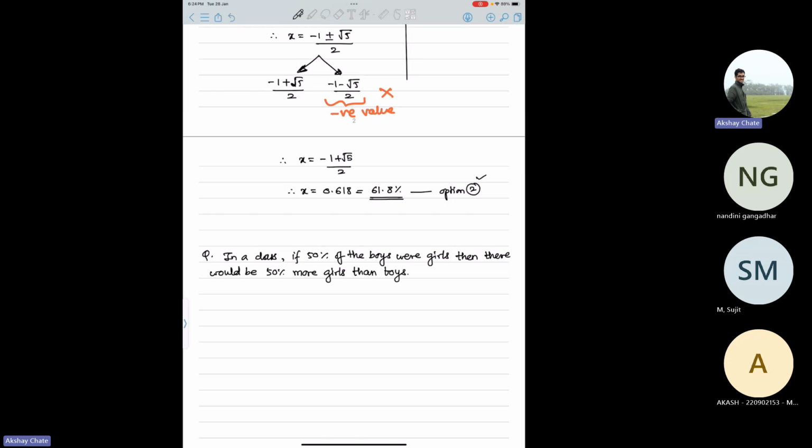What percentage of the overall class are girls? So what is the percentage of girls in that class? Okay, so this is the question.